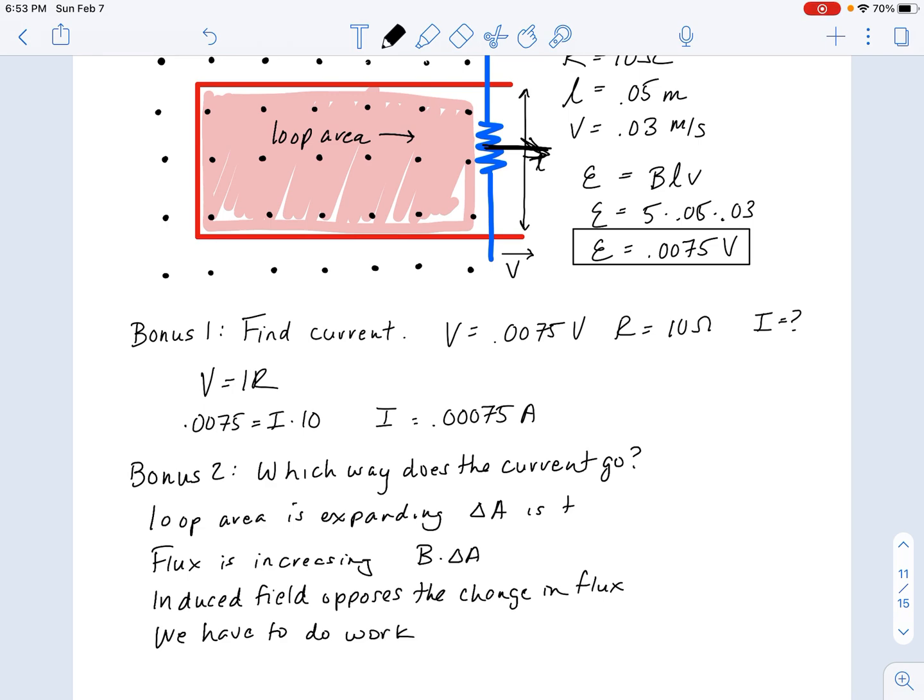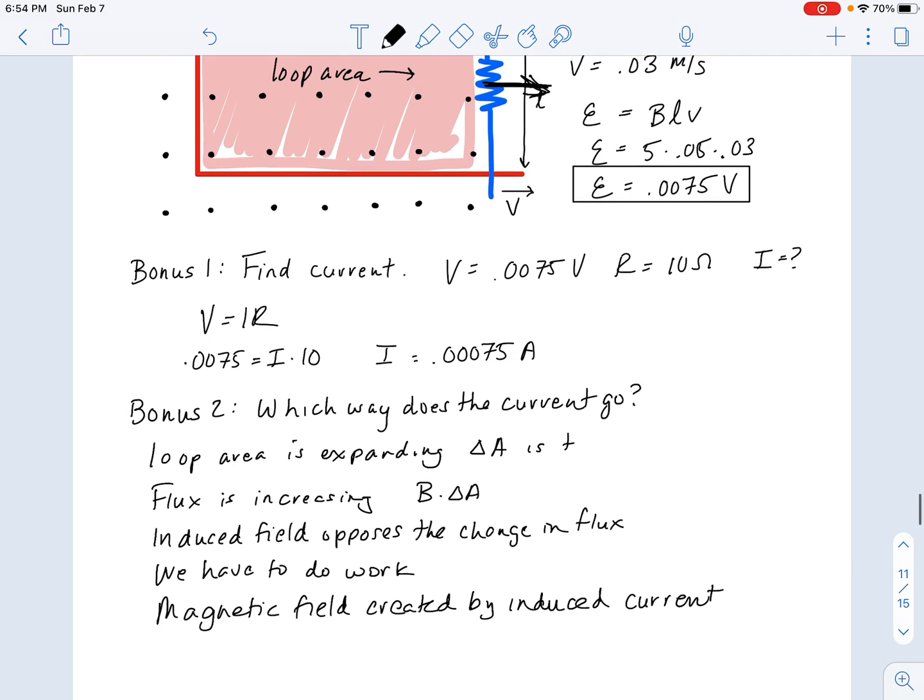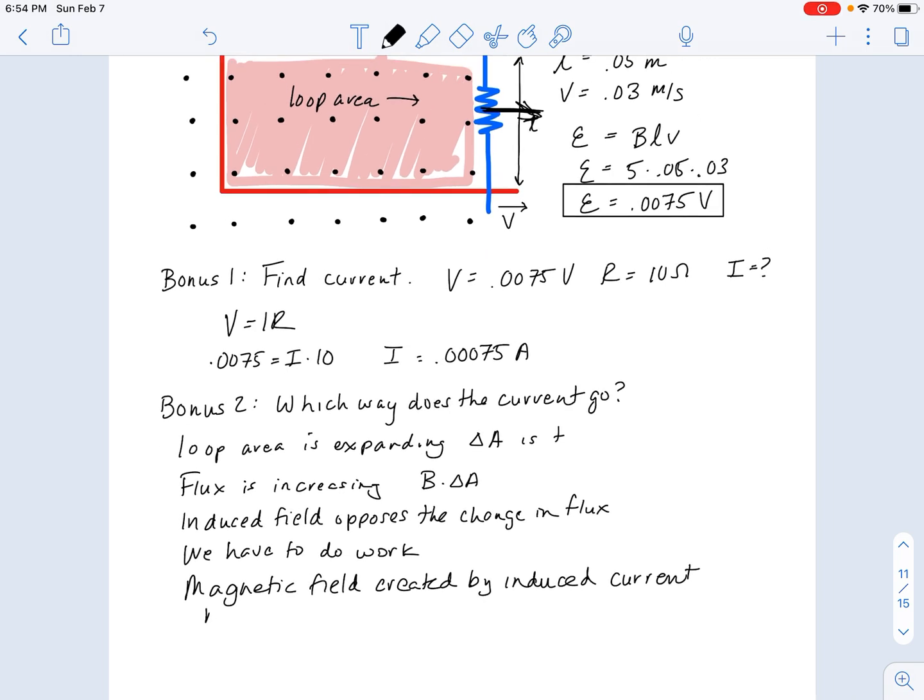And in order for us to have to do work, the magnetic field created by the induced current must oppose the existing external magnetic field.